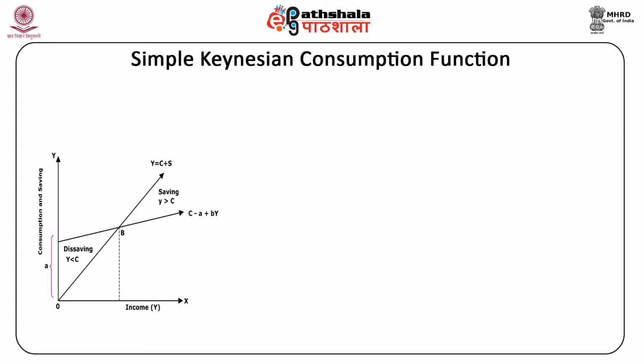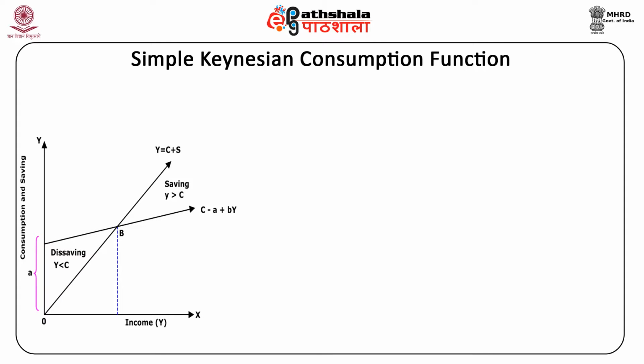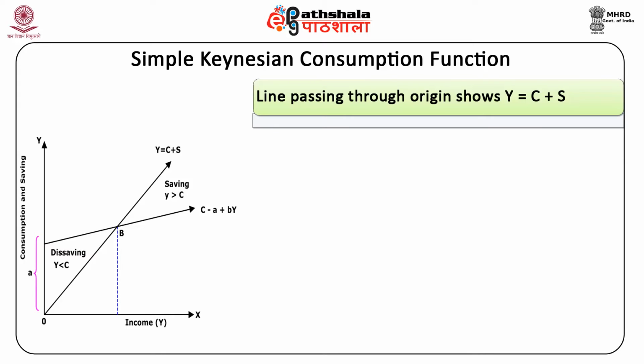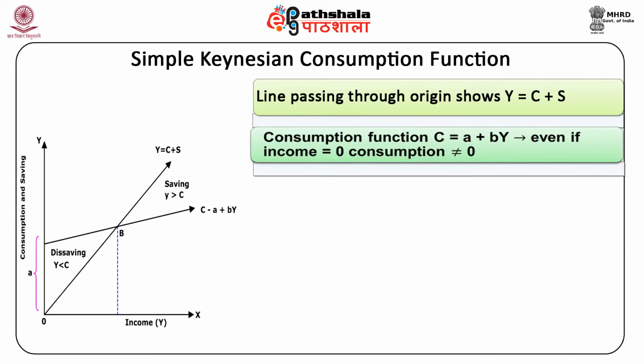In the given diagram, income is measured on the x-axis and consumption and savings are measured on the y-axis. The line passing through the origin shows income is equal to consumption plus savings. The consumption function, which is C = A + BY, indicates that even if income is zero, consumption will not be zero.